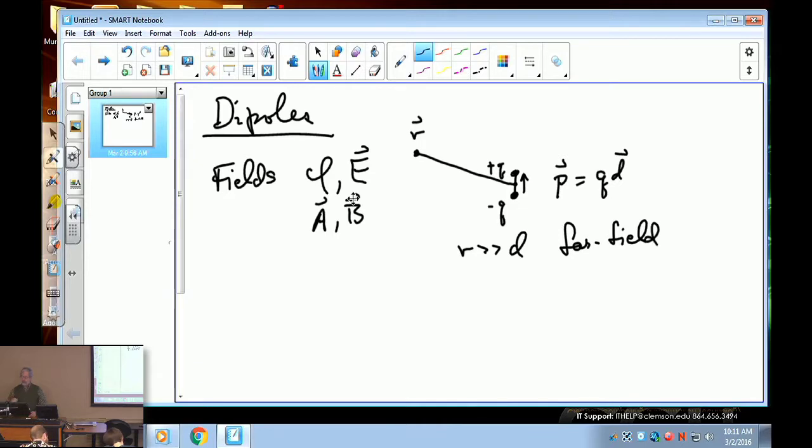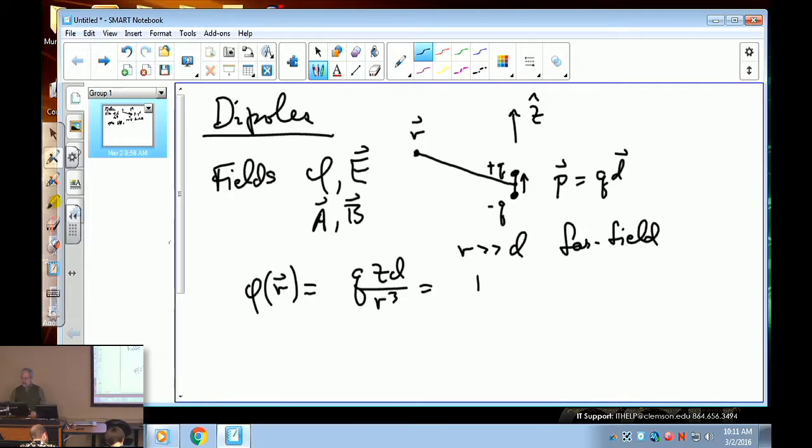We use the general approach of Taylor series, and I step you through that here. You should be able to find that phi as a function of position is qzd over r cubed, where z is the z component. I'm specifying the z axis along the direction of the dipole.